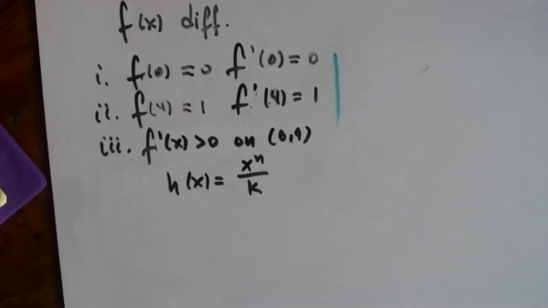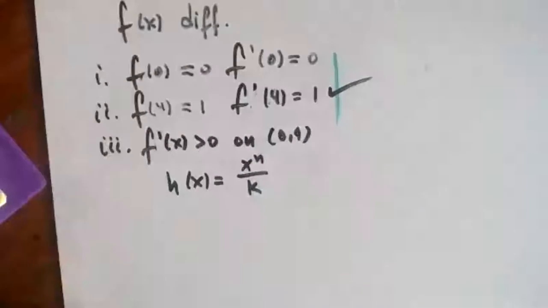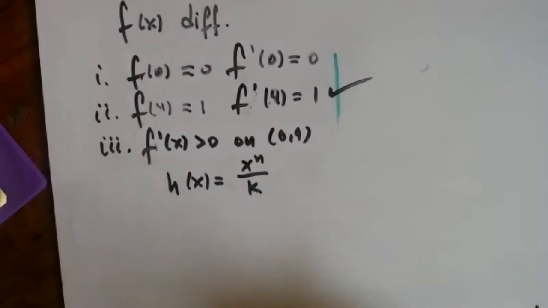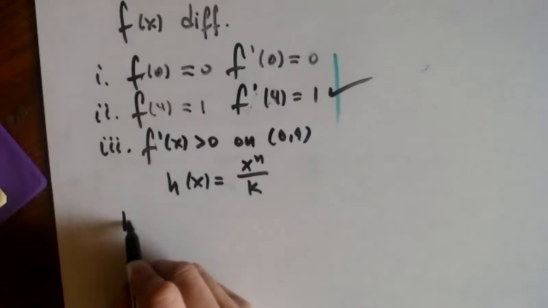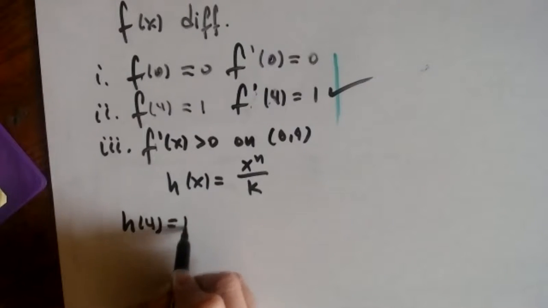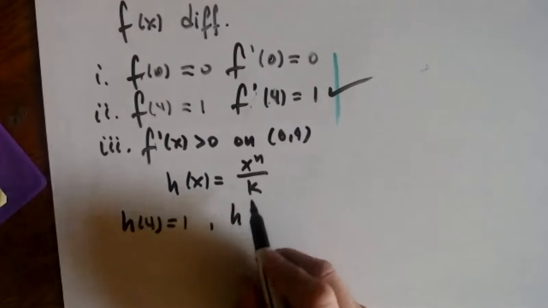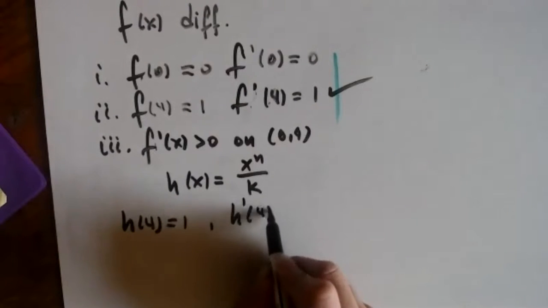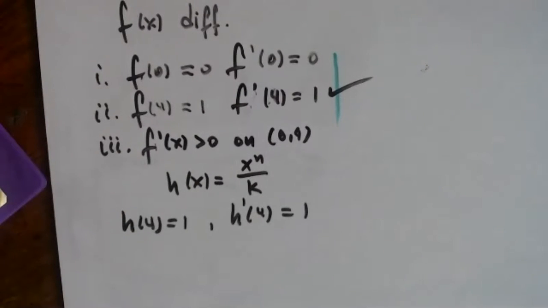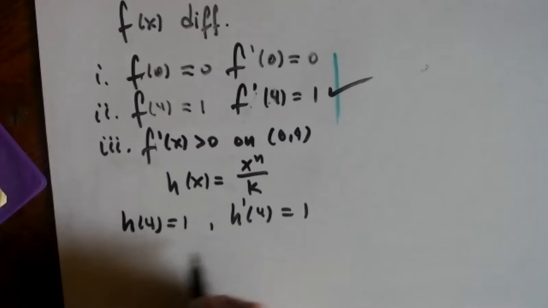So this says, find the values k and n so that h meets requirement 2. These ones, right? I need that h of 4 is 1, and h prime of 4 is 1. So those are the conditions. Okay, let's do the first condition.